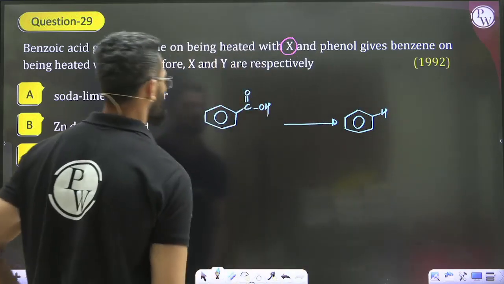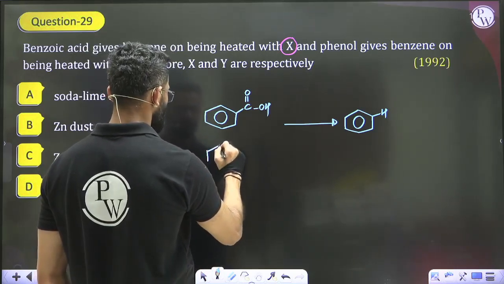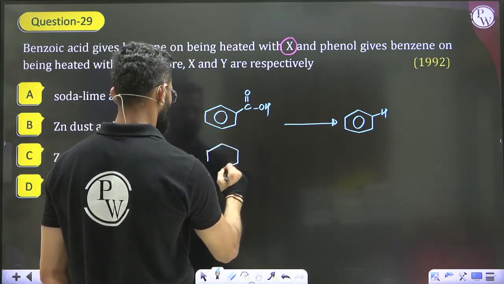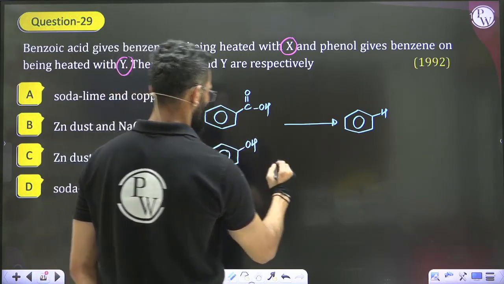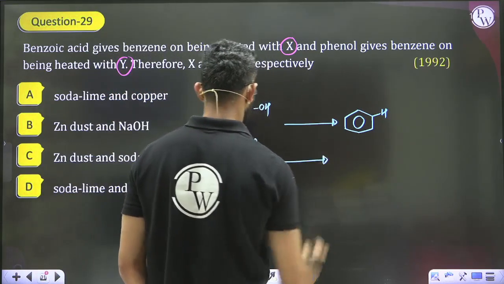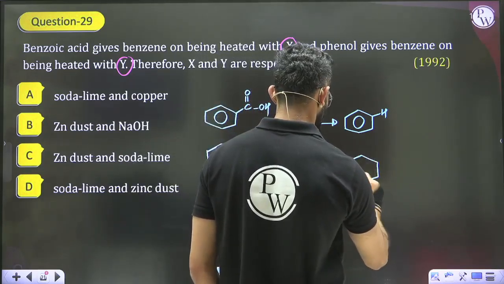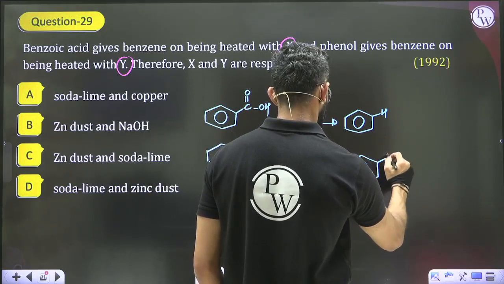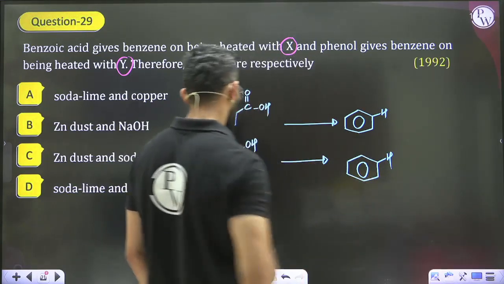And phenol gives again a benzene. What set of reactions are we using? Well, the second reaction is the simplest of all.